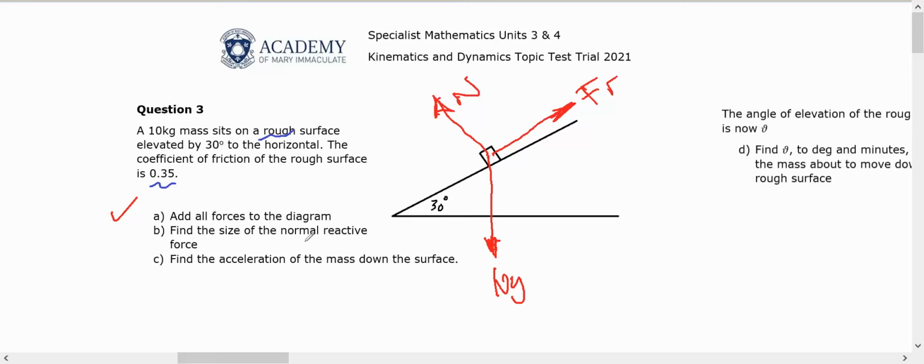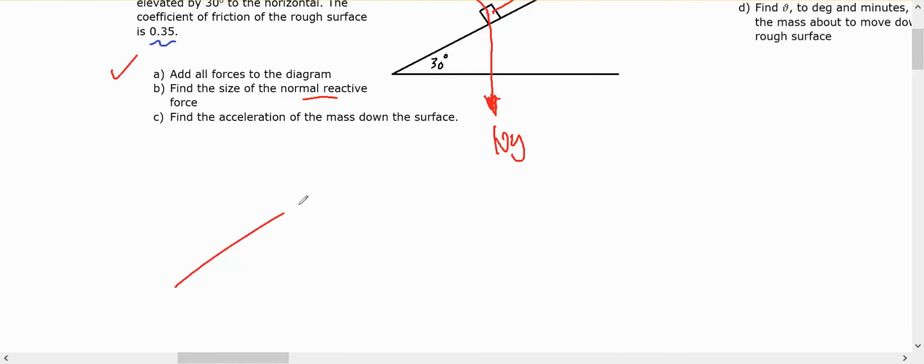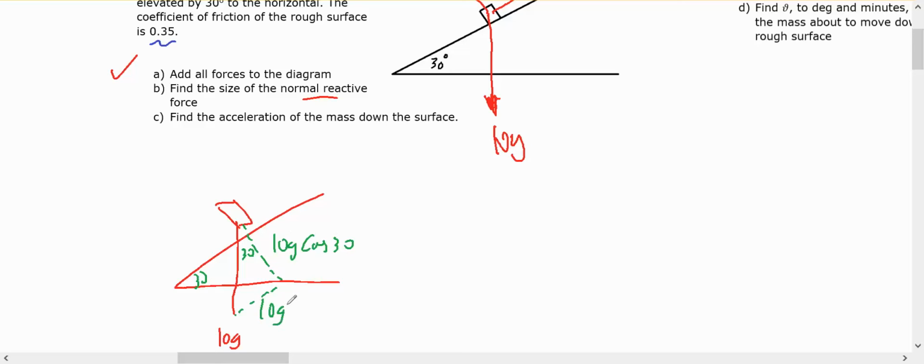So find the size of the normal reactive force. Okay, so what I've got is my 10G broken into one force which is perpendicular to the plane. If that's 30, that's 30, which means that's 10G cos of 30, and that's 10G sine of 30, and that's my normal reactive force.